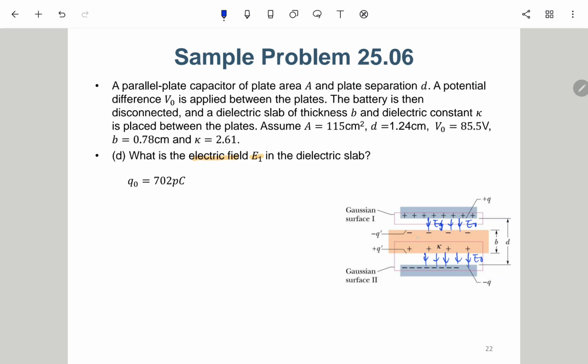But inside the dielectric there will be E1, and this E1 will be weaker than E0, as I mentioned. The dielectric will generate some E field pointing in the opposite direction to the external E field, so it will cancel part of the external E field to make the total E field inside the dielectric weaker.